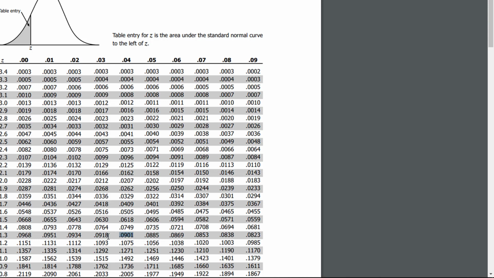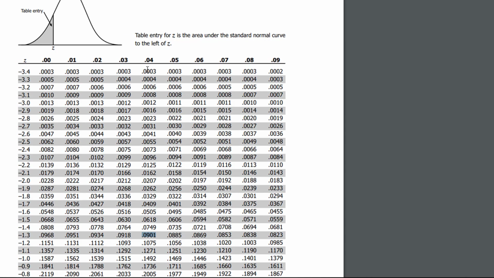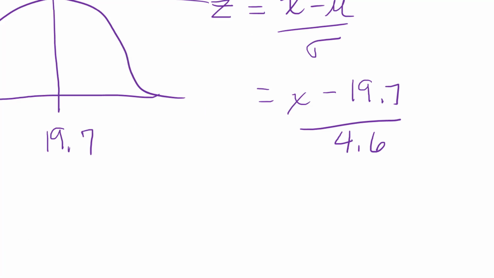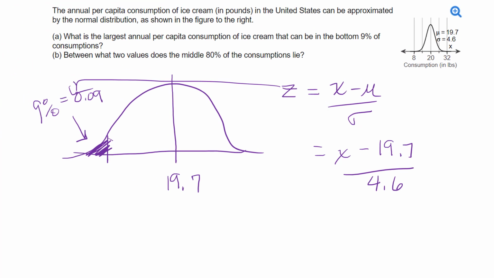So I read the z value, which is negative 1.3, look up 4. So negative 1.34, so put you back over here.